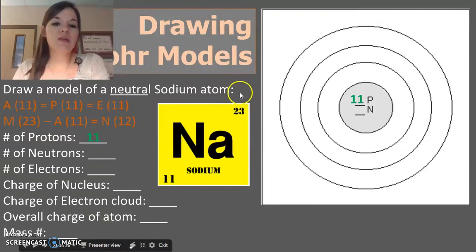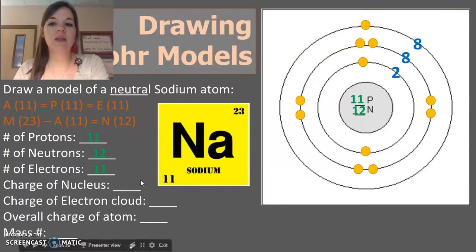Neutrons is the mass of 23 minus the atomic number of 11, which equals 12 neutrons. Electrons is 11. Charge of the nucleus is the number of protons. Charge of the cloud is the number of electrons. Overall charge is 0, and our mass is 23.